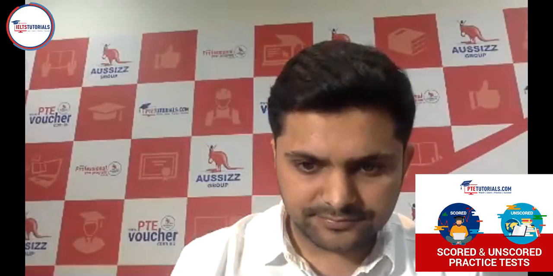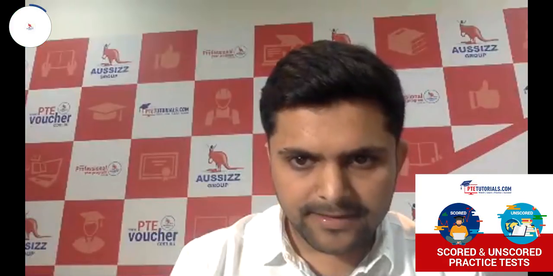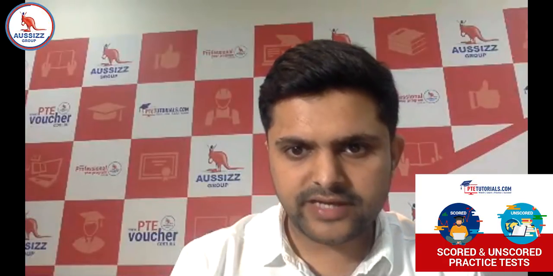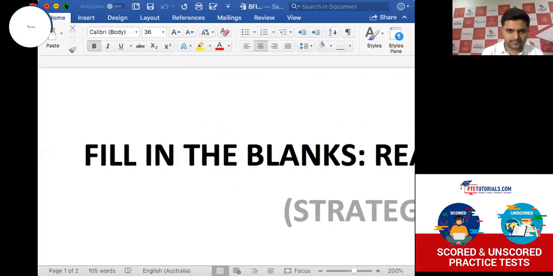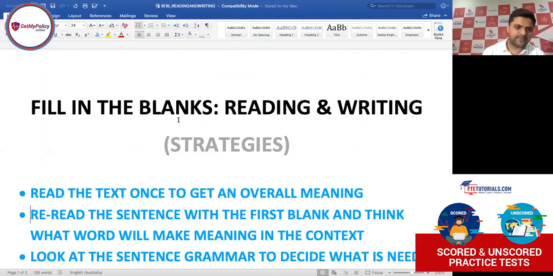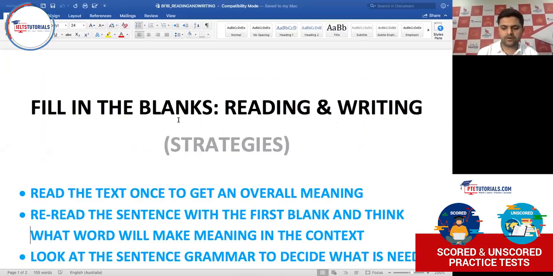All right, so let's have a quick look at the strategy that you need to have when you're doing this blank. Just like the other type of blank, you'll have to read the text once to get an overall meaning. In this type of text, you'll have to read very carefully, because the text would be longer compared to the previous one.